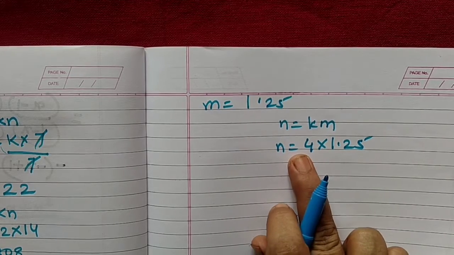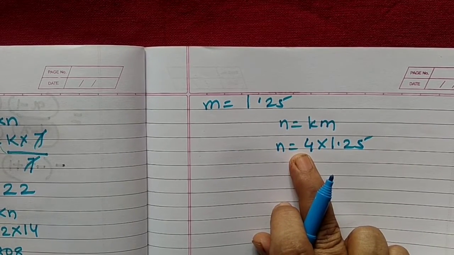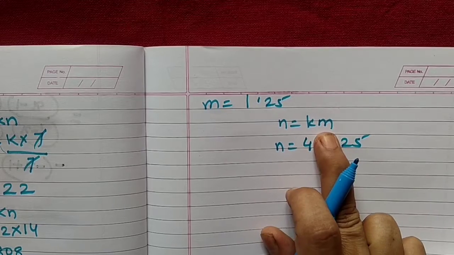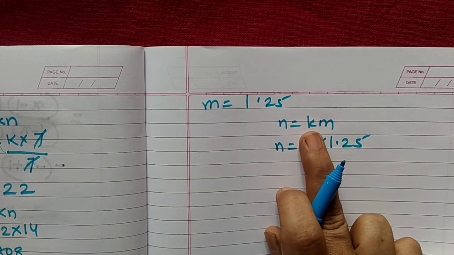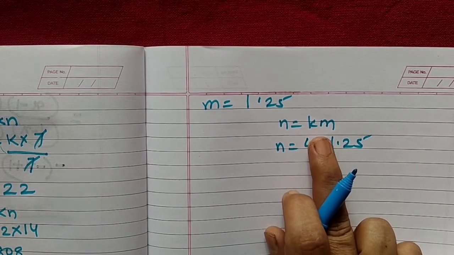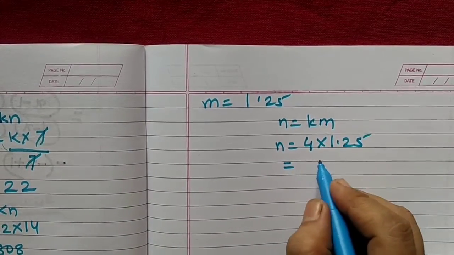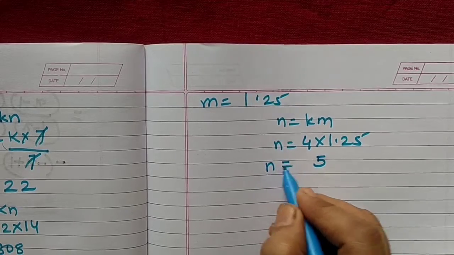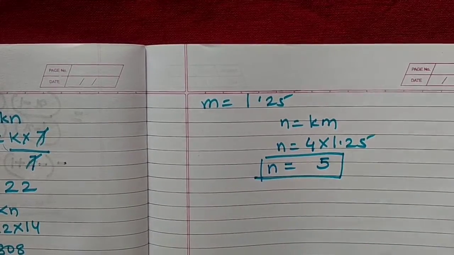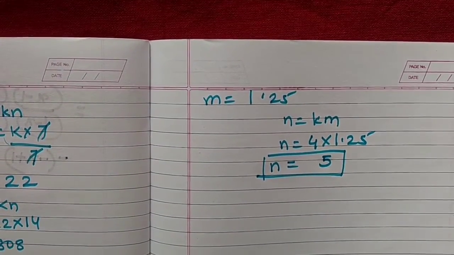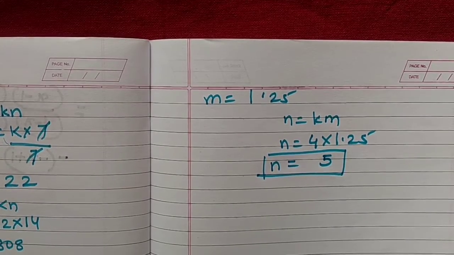But in the earlier sum, I wanted to find out what m is, so I had to remove this k. That's why I had to divide. Now here I am going to multiply. 4 into 1.25 I will get 5. So n is equal to 5. That is the last part of sum number 4.